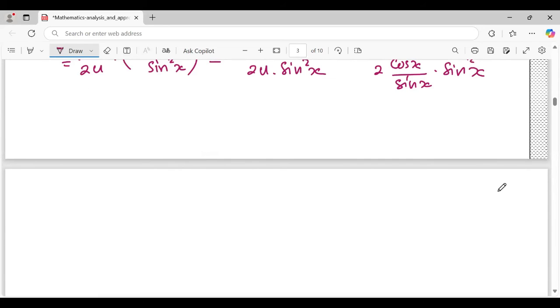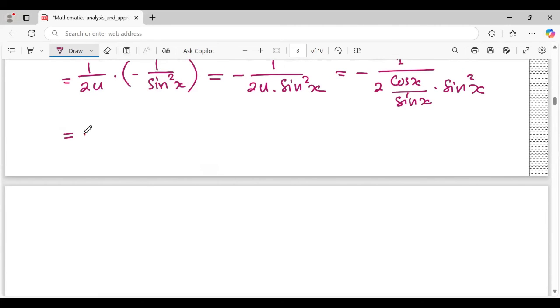Okay, so it becomes this, minus 1 over 2 cosine x sine x.